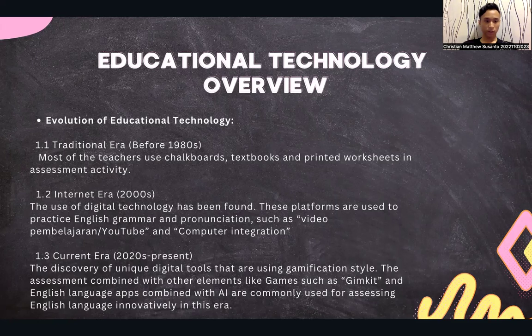And the second era is the internet era. We call it the internet era because it happened in the early 2000s. In this era, the use of digital technology emerged. These platforms are used to practice English grammar and pronunciation, such as learning videos, which can be found on YouTube, and computer integration.